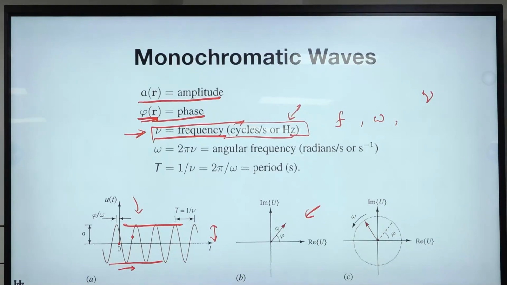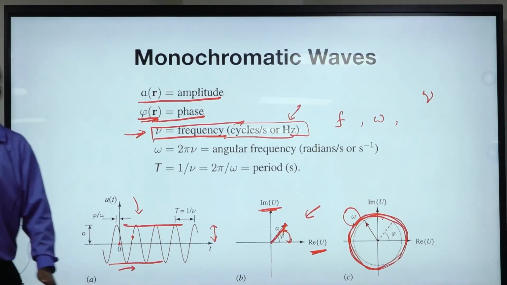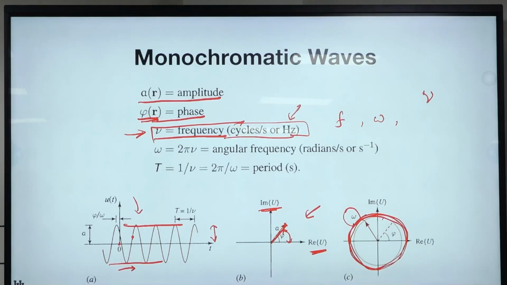Therefore, you can represent this as a vector, which has a real part and an imaginary part. This is a complex number, and this is the amplitude. The angle that this makes with respect to the real axis is called the phase. And as a function of time, this complex number is rotating in the complex plane nu times per second.